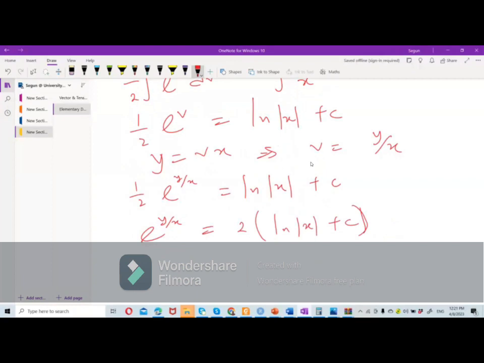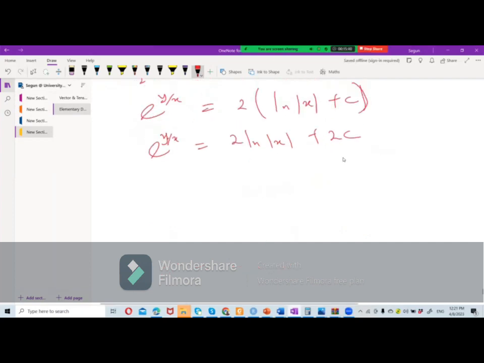So which means that I have exponential of y over x equals 2 ln x plus 2. C is still c, remember?